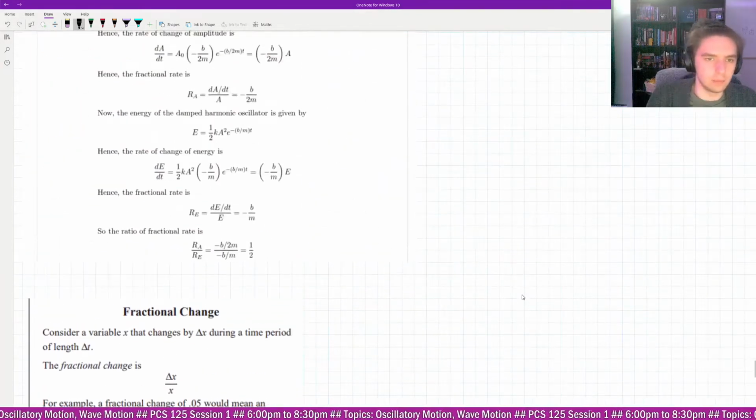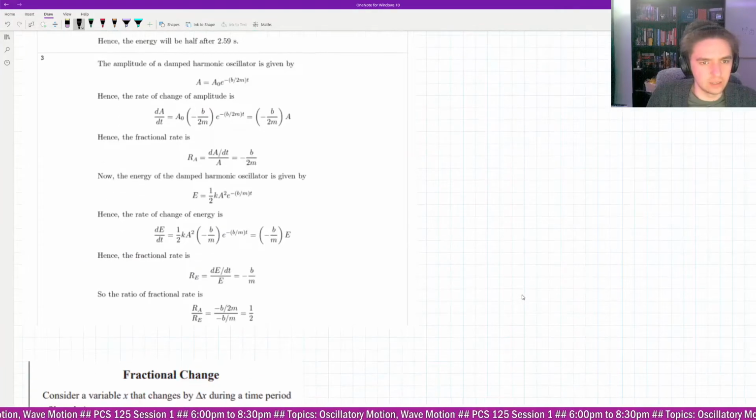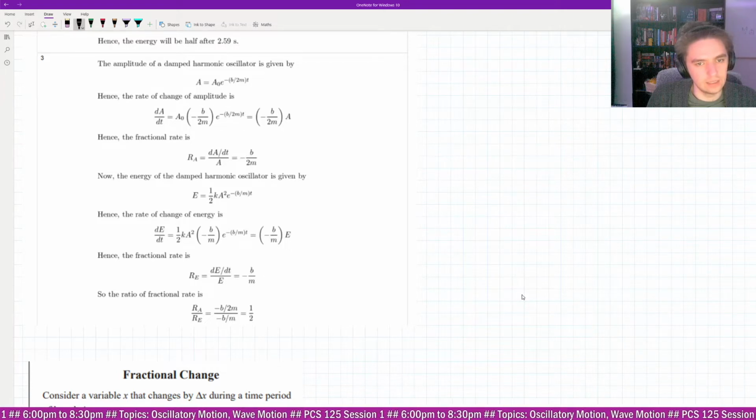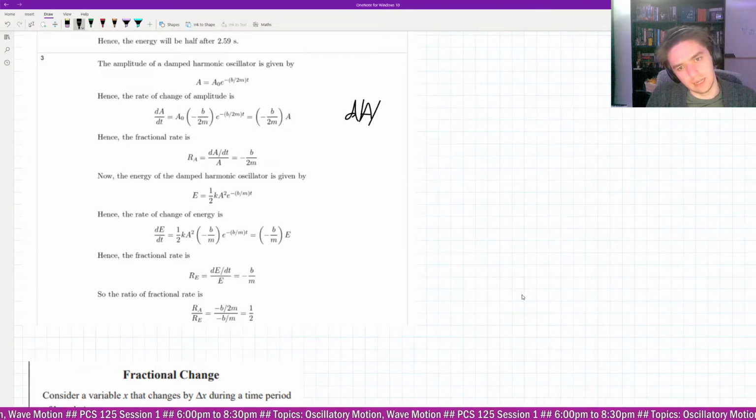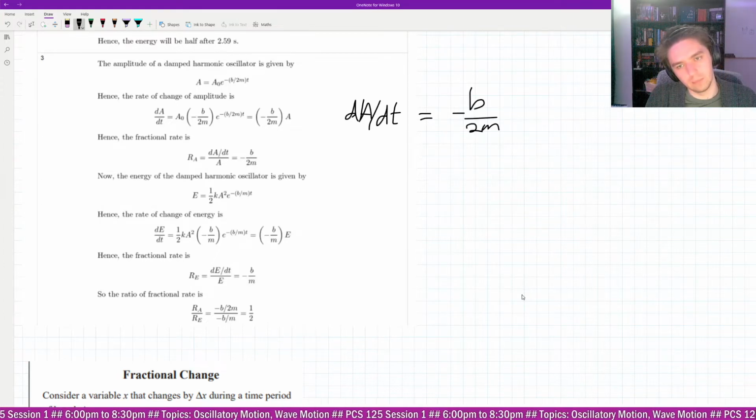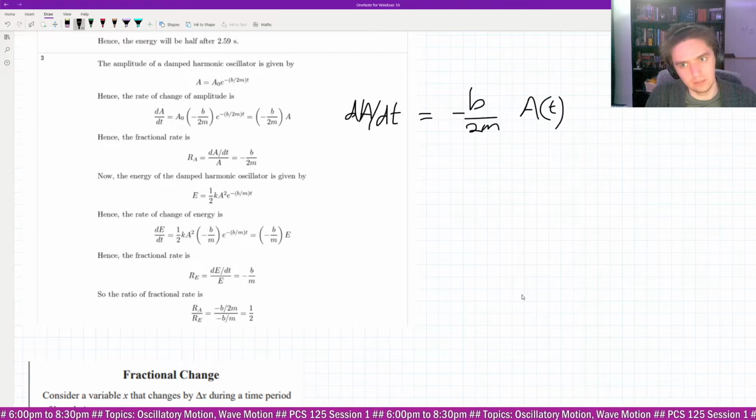And that's what they did. Maybe I won't write it because it's here already, so you can just see. But they find dA by dt, like we did, right? So that's dA by dt. So what they got here is dA by dt equals negative b over 2m times A of t.